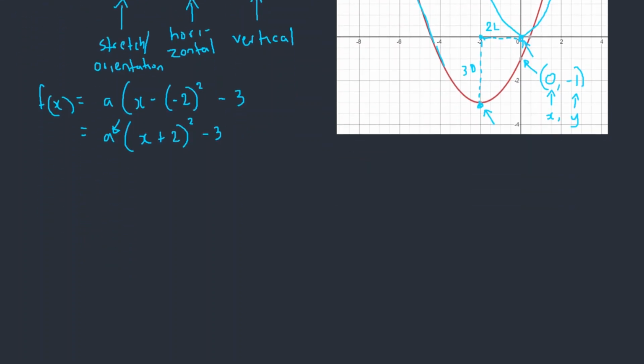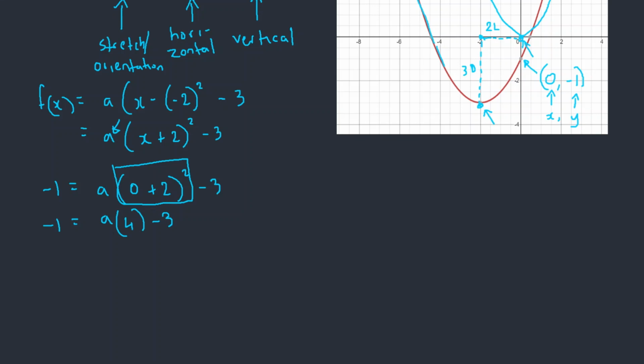So I'm going to put those numbers in. I'm going to say -1 is equal to a times (0 + 2)² - 3. And I'm going to simplify that. All of this is just 2 squared, so that gives us 4 minus 3.